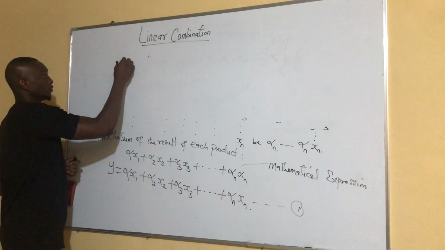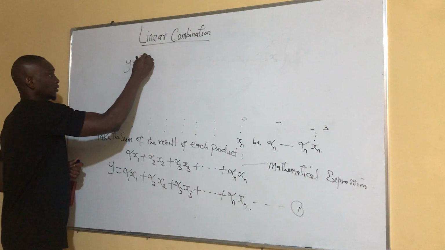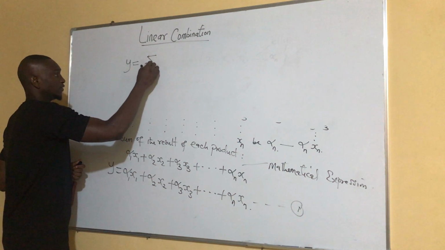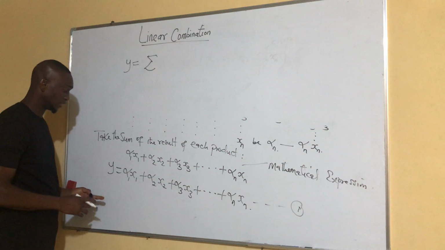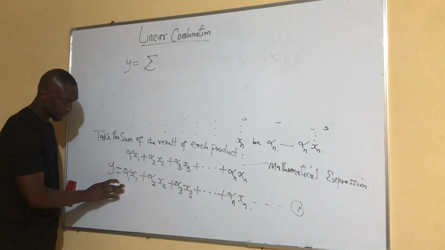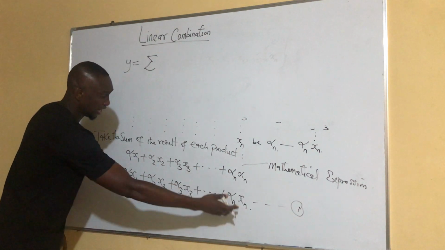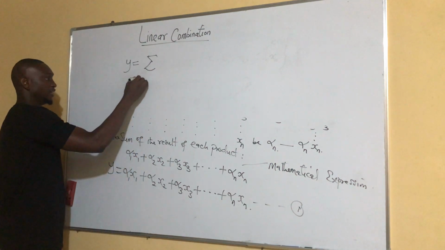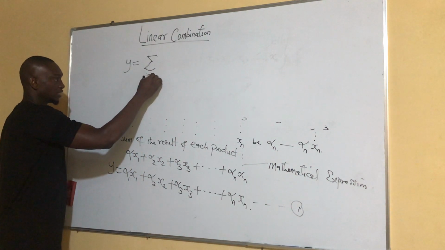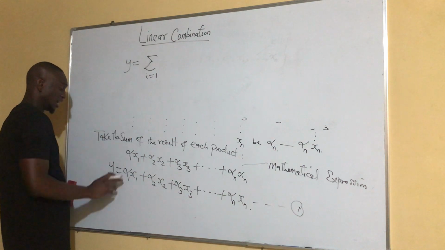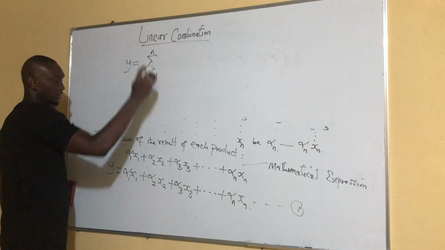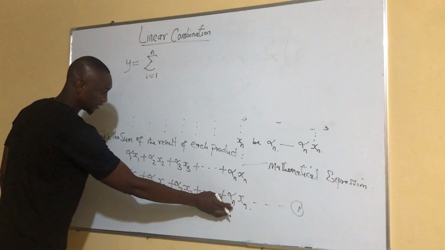Y now becomes the summation sign sigma, and we have 1, 2, 3 to n. So our index i will begin with 1 and end in n.